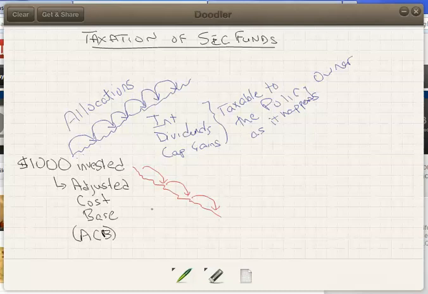This would result actually in a series of capital losses. With a mutual fund, for example, you would only have a capital loss if you invested and held on to that investment for a period of time, and then on redemption you got out at a lower value. You would then realize your capital loss. But with a segregated fund, this capital loss happens each year as you lose value in the fund.